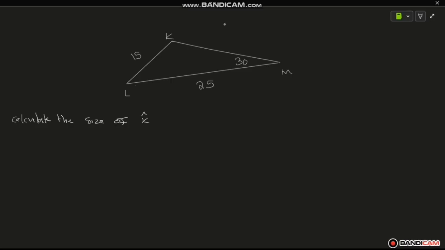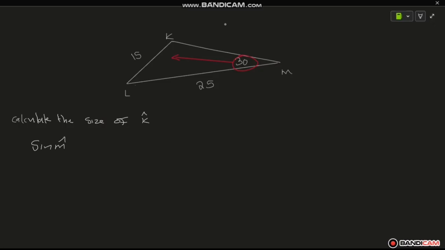So we want the size of angle K, but you can see that here we are having 30, and 30 is the angle, right? Because this is inside, and its opposite side is LK, which is 15, and with another side. Therefore, we can use sine rule.